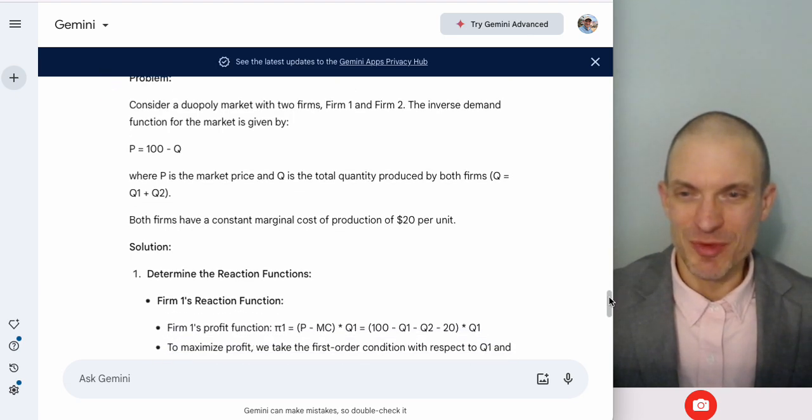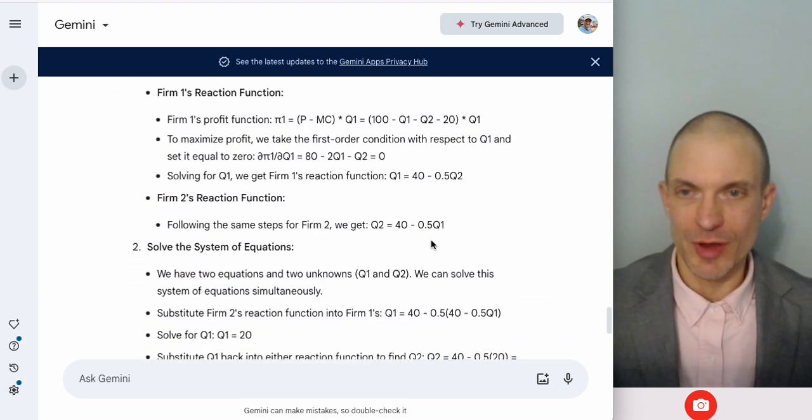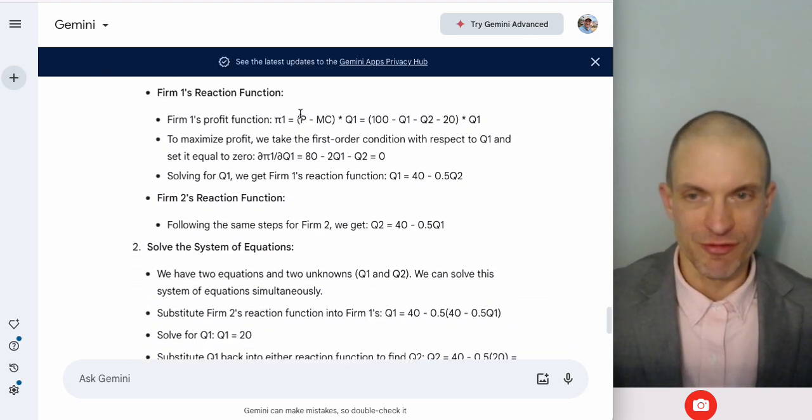So let's determine the reaction function first. We write out the firm's profit function. Okay, fine. Profit is price minus marginal cost times quantity. That's right. So pi 1. We replace price with the demand curve. Sure, this is right. And then minus marginal cost, everything gets multiplied by Q1. That's also correct. To maximize profit, we take the first order condition with respect to Q1, set it equal to 0.